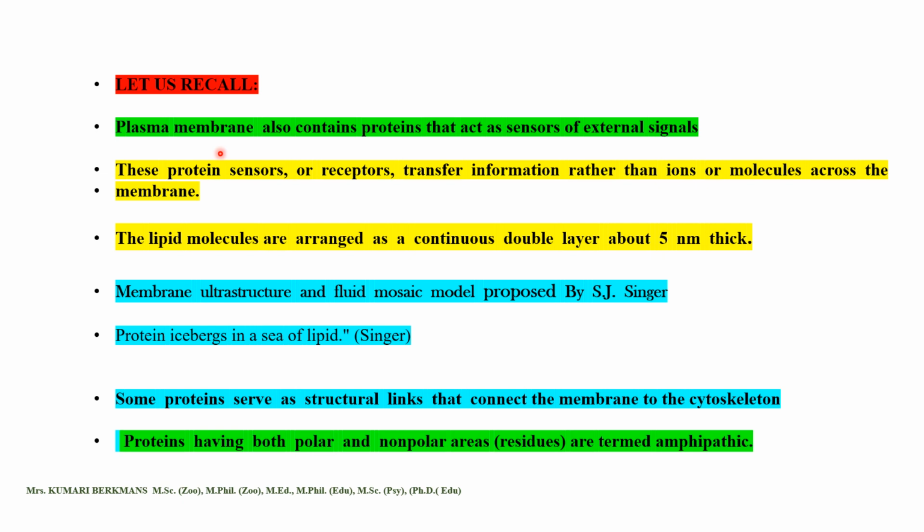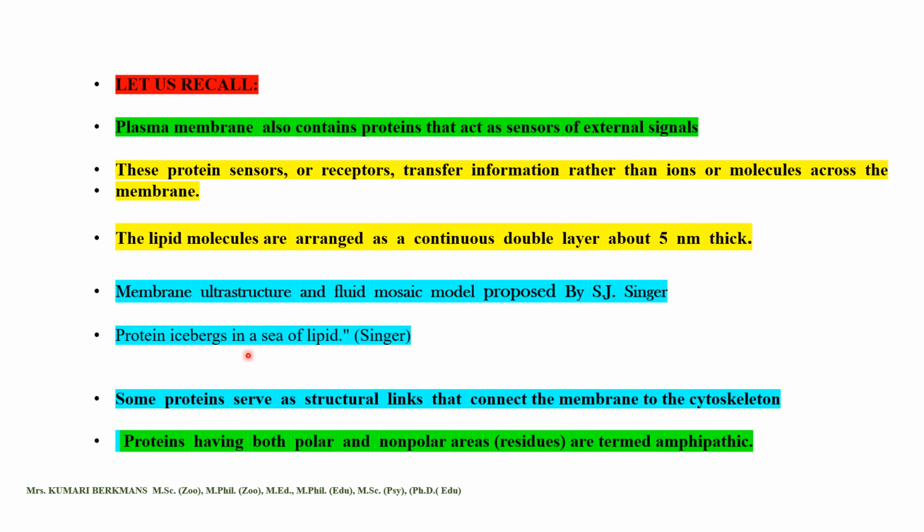Let us recall this. The plasma membrane also contains proteins that act as sensors of external signals. These protein sensors or receptors transfer information rather than ions or molecules across the membrane. The lipid molecules are arranged as a continuous double layer about 5 nm thick. The membrane ultrastructure and fluid mosaic model was proposed by S.J. Singer.